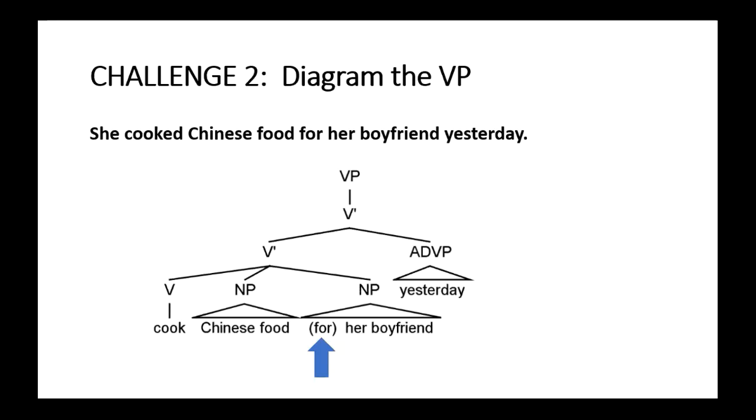So we have two V bars. The first V bar includes all the complements. That includes the direct object, the indirect object. In this case, the indirect object is marked with this for that is there, okay? And then yesterday is a modifier, so we need an extra V bar for that modifier.